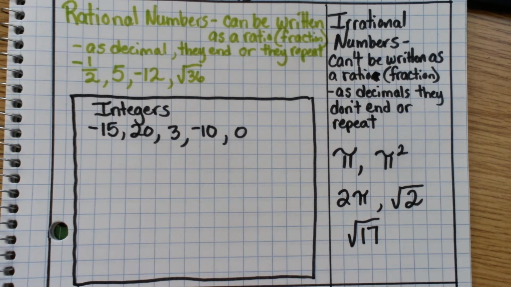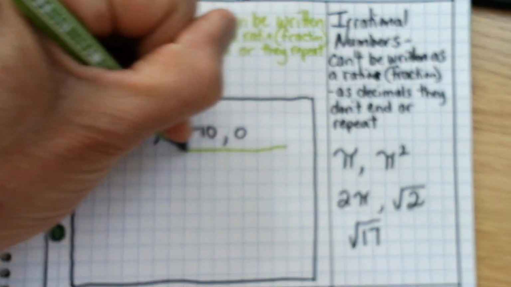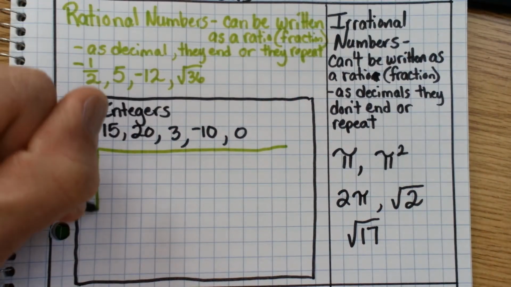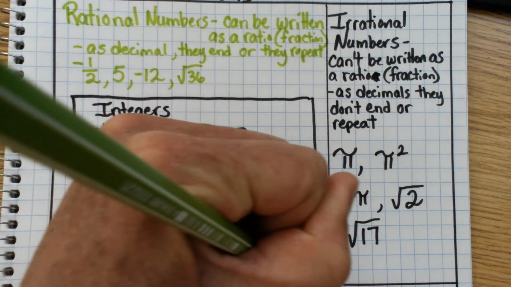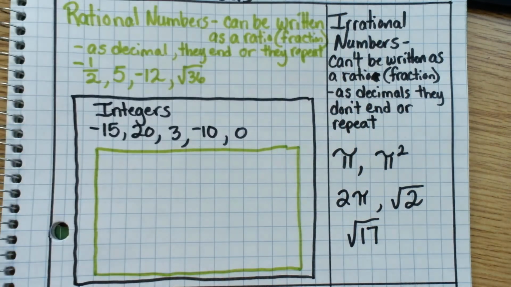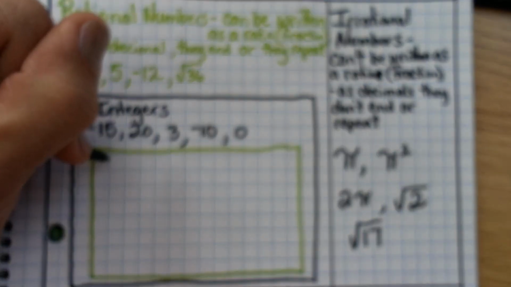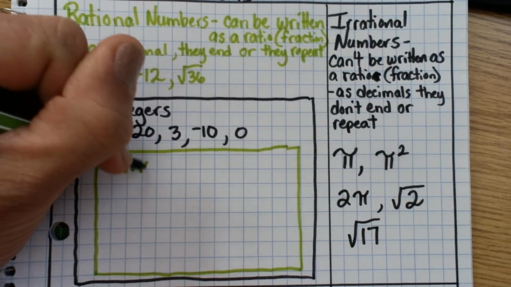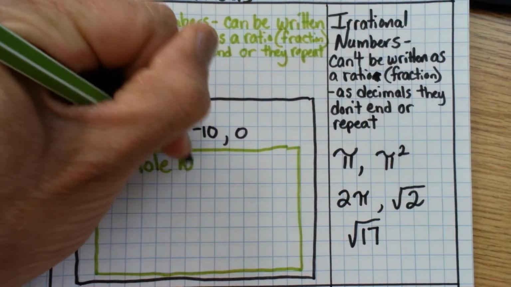Okay. Then the group of integers can be broken down into a smaller category. And these numbers are called whole numbers.